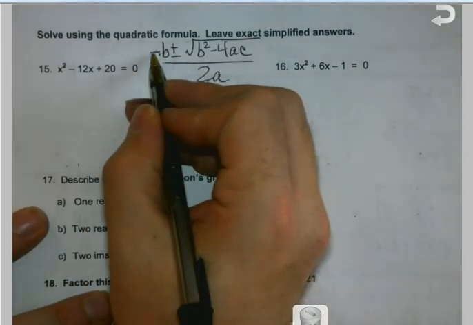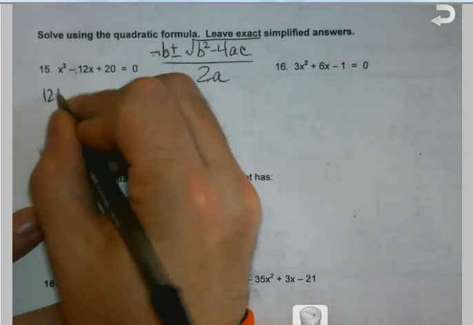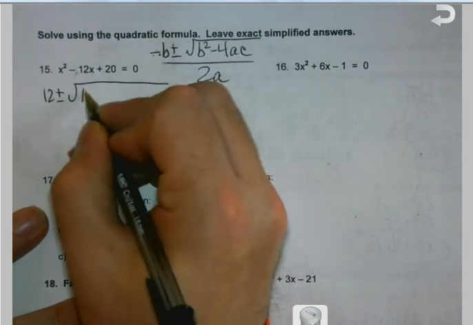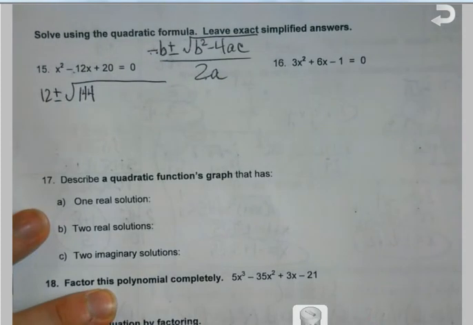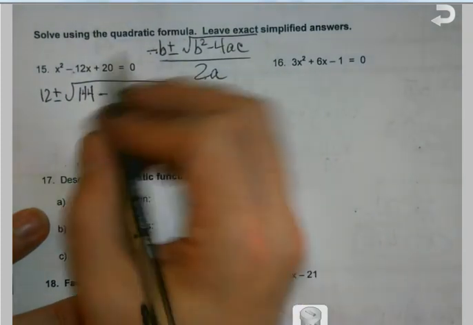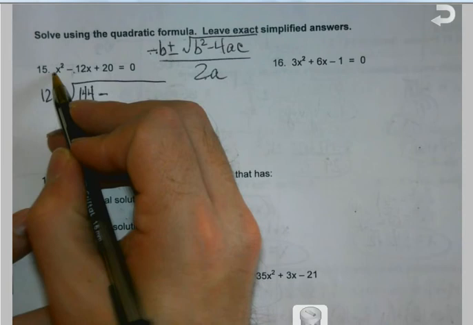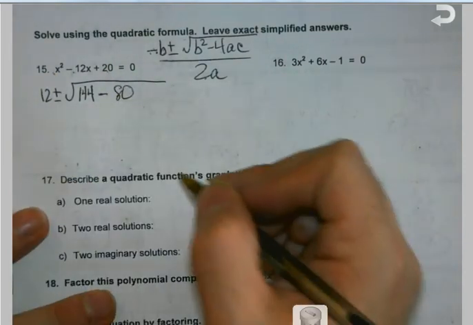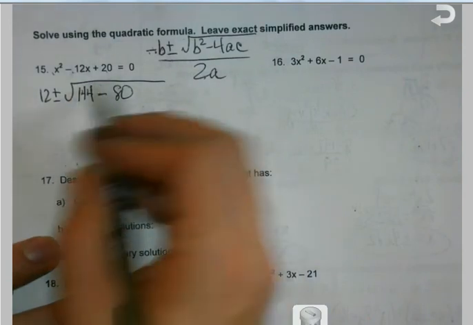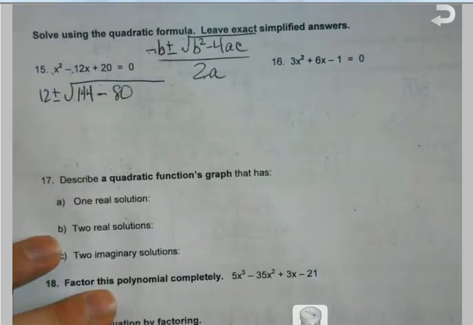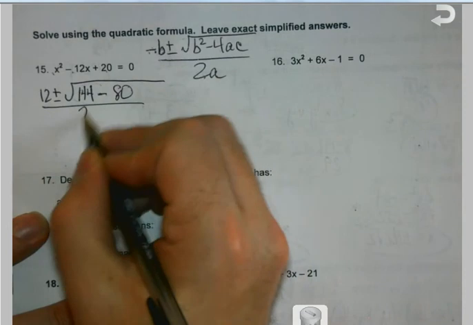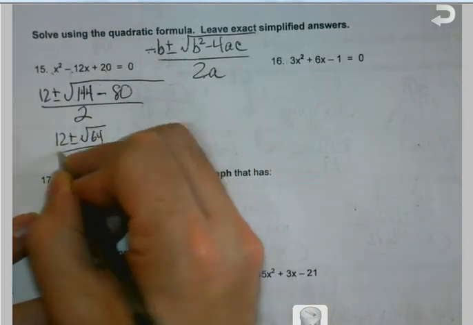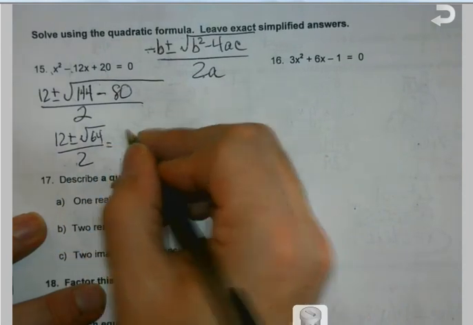So, all right. Opposite of b. Opposite of negative 12 is 12. Square root of b squared, so negative 12 squared is 144. Minus 4 times a, which is 1, so that'd still be 4, times c. And again, I'll write it out on the next one, but if you're going to do this part on the calculator, do the math underneath first, then do the square root. All over 2a. And this one actually cleans up really nice, because the square root of 64 is 8.